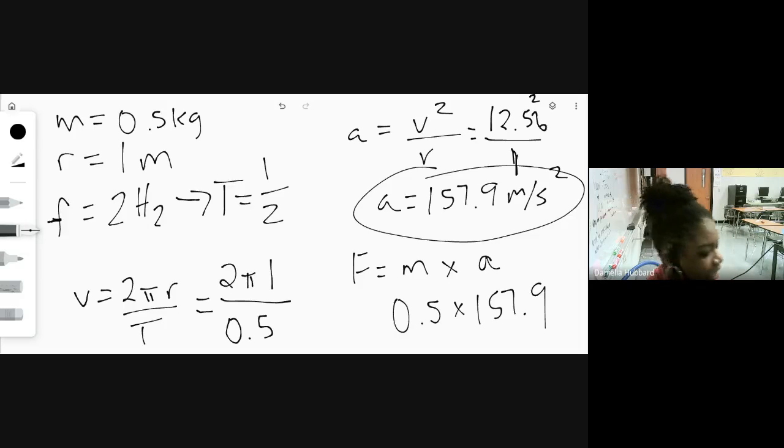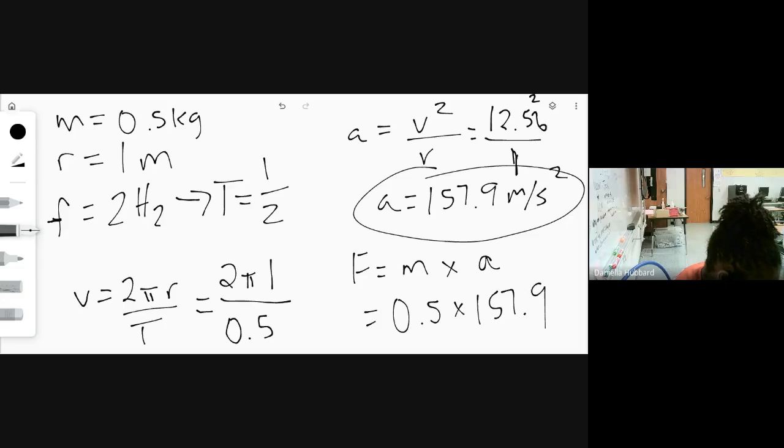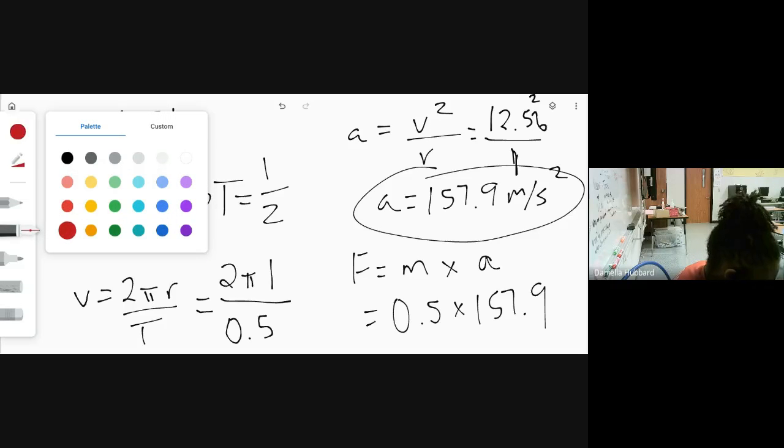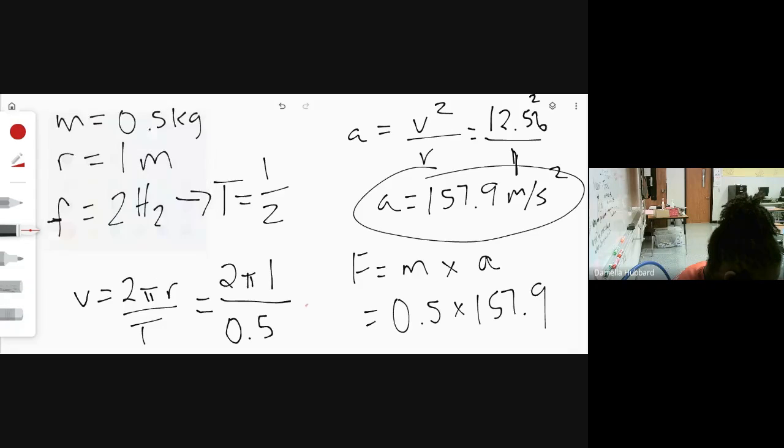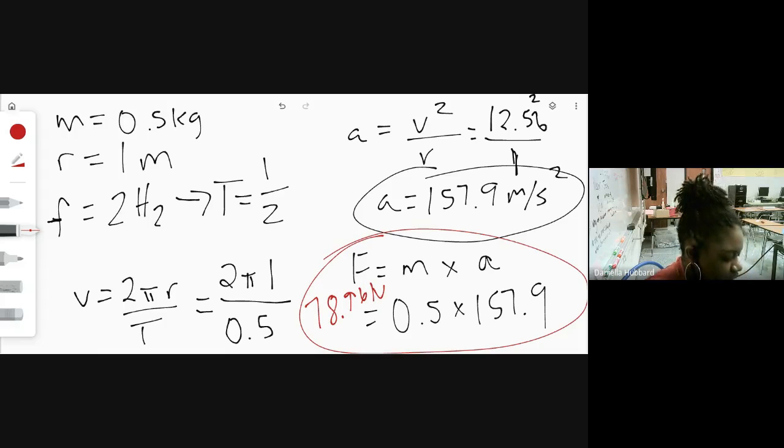So we're just taking the half of it. And I get, let me change the color because I'm running out of space, 78.96 newtons. Okay, so that is your force for this answer, and that's your acceleration.